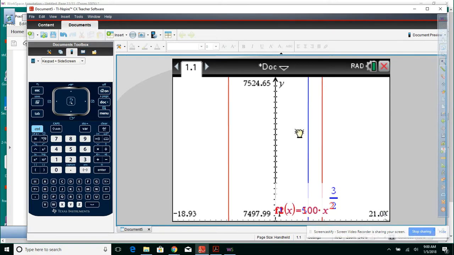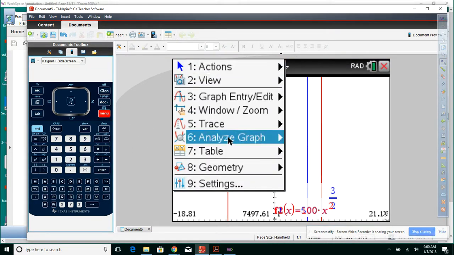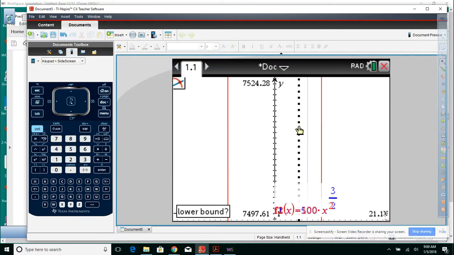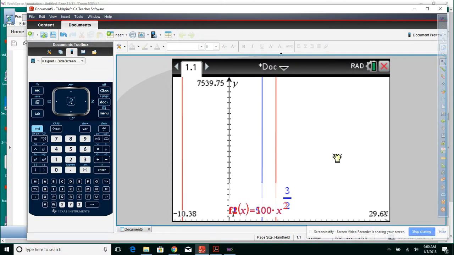Here we are. Okay. Now, where do they cross at? How about menu 6, 4, and then we'll hit it over here somewhere. No intersection found in the specified bounds.